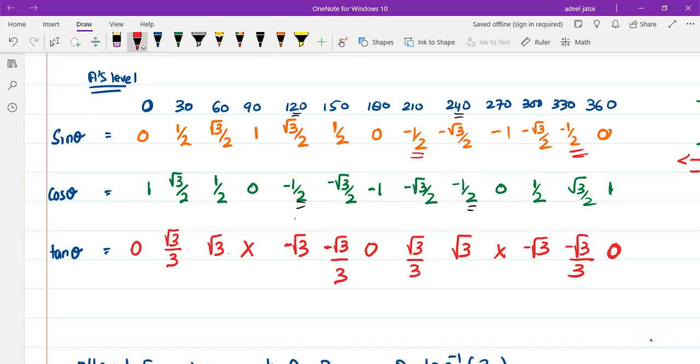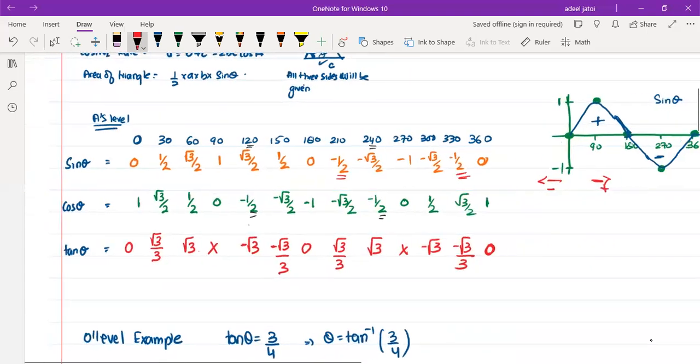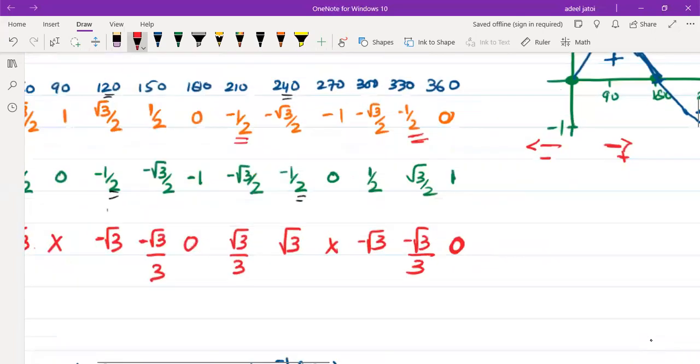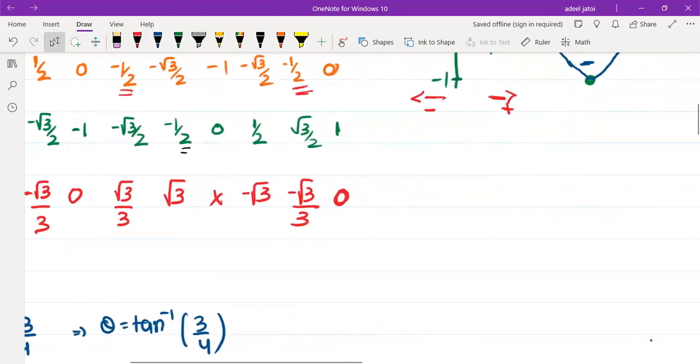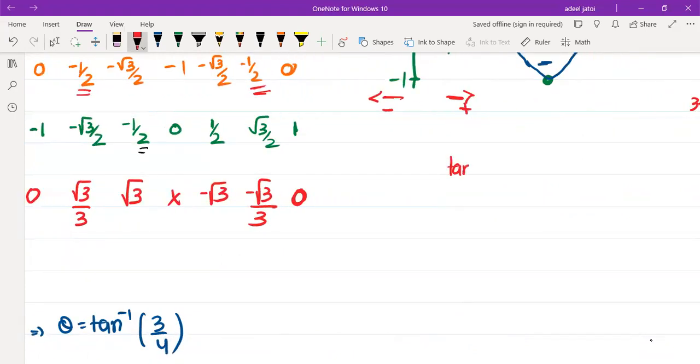Now, most importantly, there are other values that I would also want you to consider. Calculate tan 89. Please concentrate. Tan 89 is 57.3, let's take it as 57.3, and tan 91 is negative 57.3.